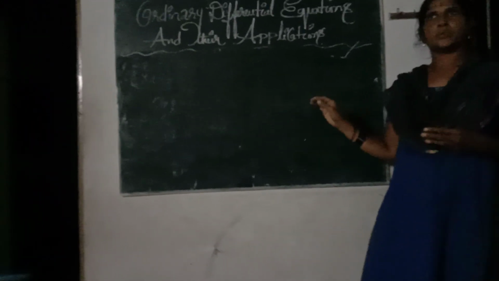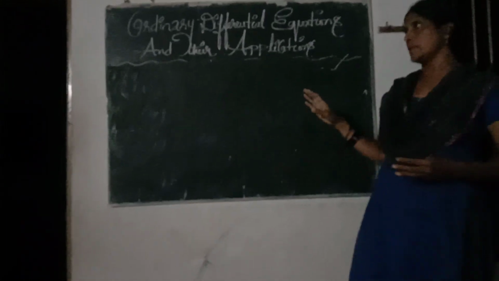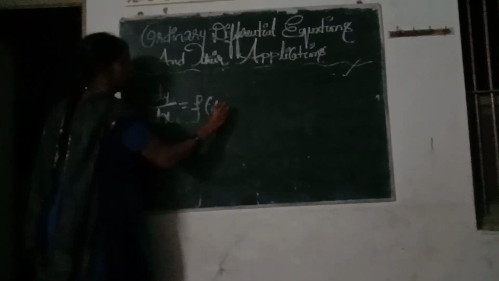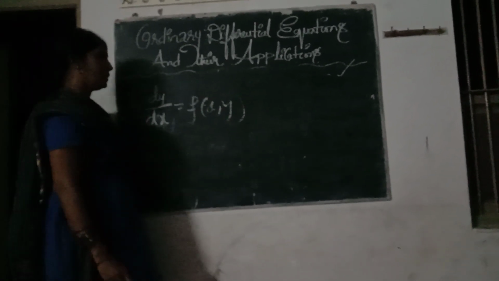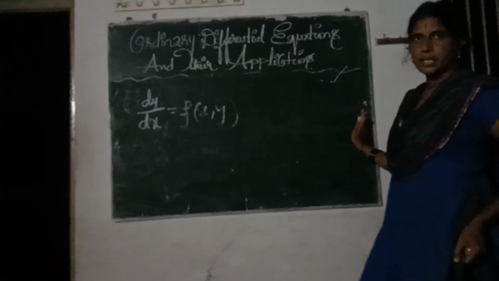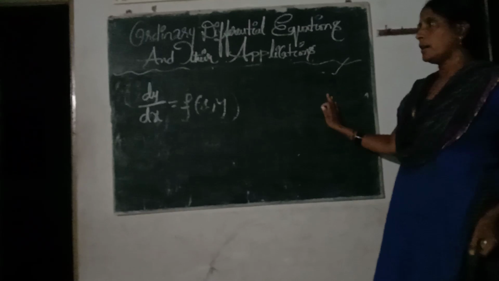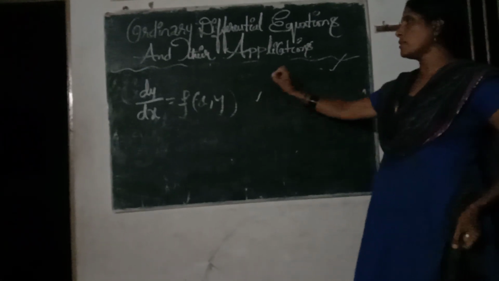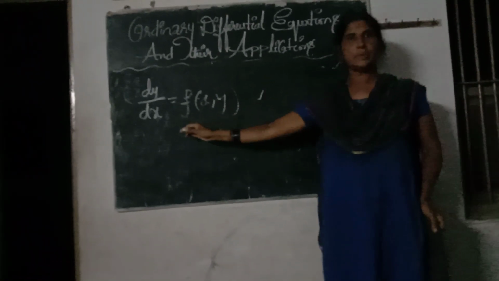So we have to use this procedure. The general form of the first order and first degree differential equation is dy by dx equals f of x comma y.